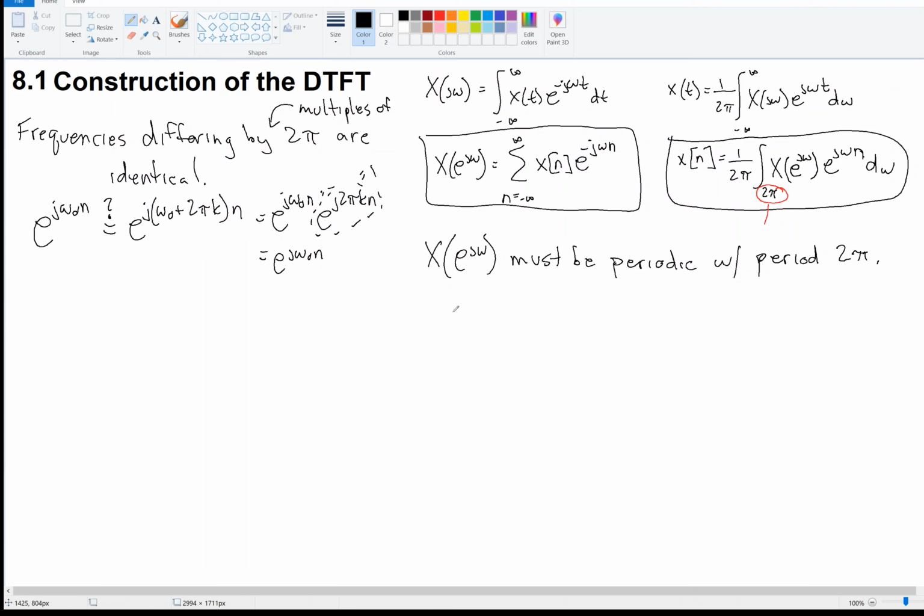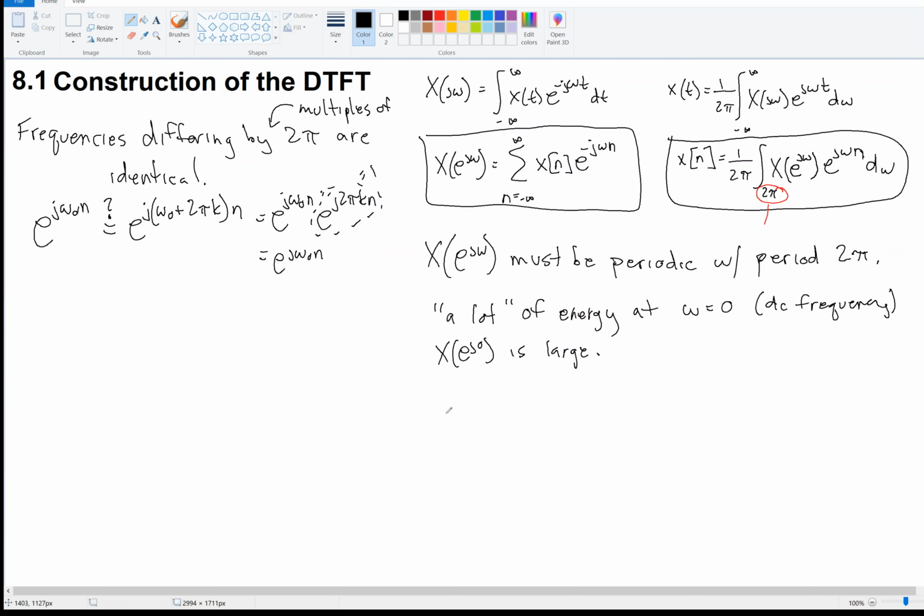So for example, if you had a lot of energy, I'm just speaking loosely here, who knows what a lot means at this point, but we'll look at examples later. A lot of energy at omega equal to 0, right? That's the DC frequency. Then x of e to the j omega at 0 is large, is what we would say.